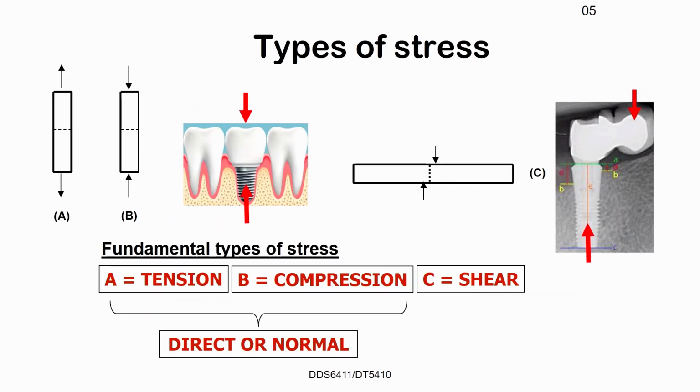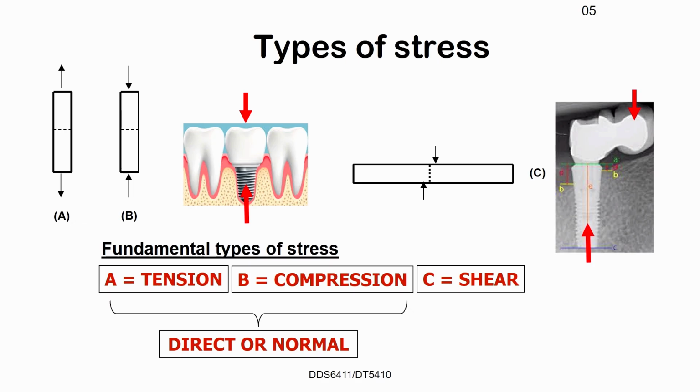Types of stress: you have already seen tension. But I can also push to create compression. A typical example is an implant or the natural teeth. They're always under compression. But the moment you replace a missing tooth with a bridge on an implant, the cantilever bridge, when you load it, you're going to create a shear force.